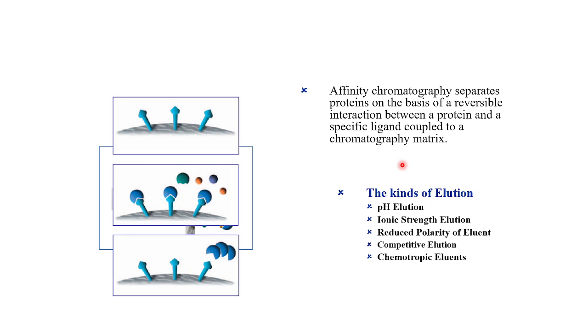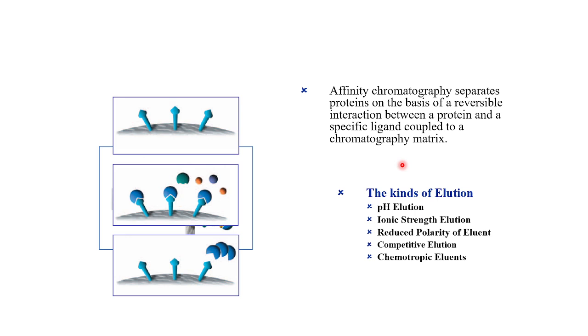So how is it different from ion exchange chromatography? In ion exchange chromatography, basically you have a negatively charged protein that binds to the positively charged column, or vice versa, a negatively charged column that binds to a positively charged protein. But it's very different, because here the affinity is not based on charge.